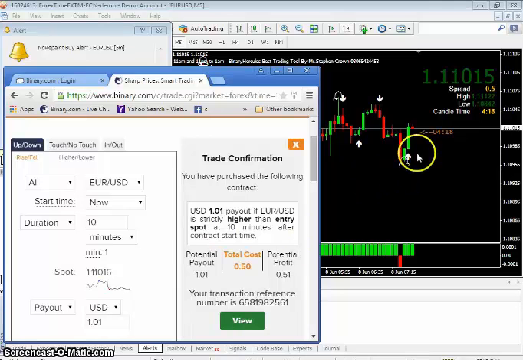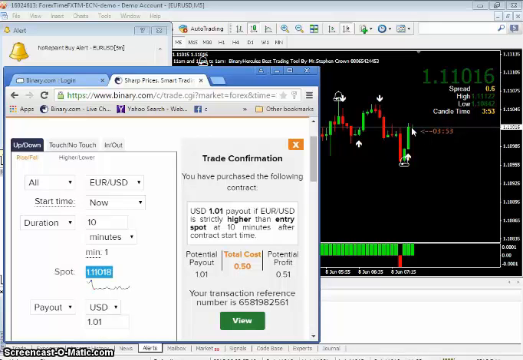So this is what we're going to see. Now I got this and I've entered, so I'm going to wait for 10 minutes to check if the point where it ended in 10 minutes is higher than the point I entered. I've won it. But if not, I have lost that particular trade. This is as simple as this.